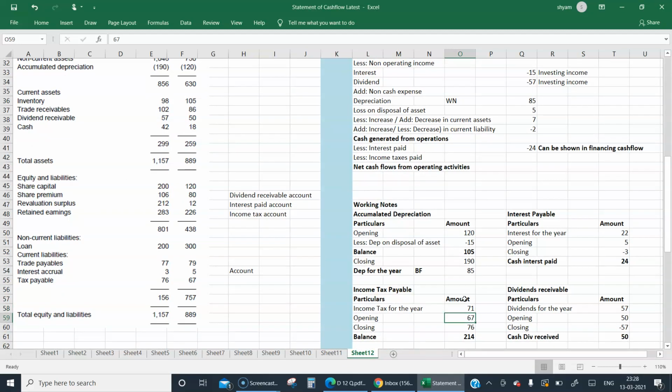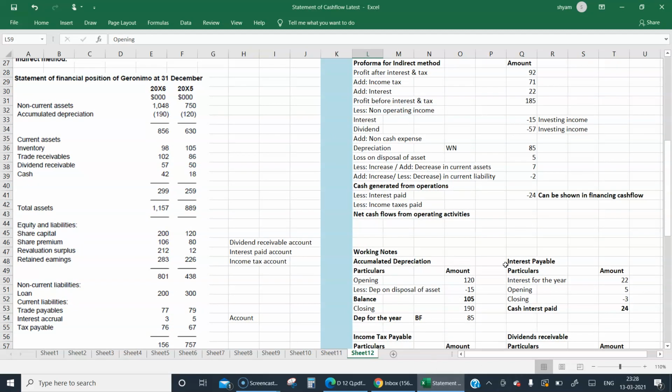So what does it mean? 71 plus 67, we have to pay tax of 138 totally. But at the end of the year, the tax authorities say that only 76 has to be paid. It means we have paid some tax. So the cash tax paid is only 62. Income tax paid is 62.